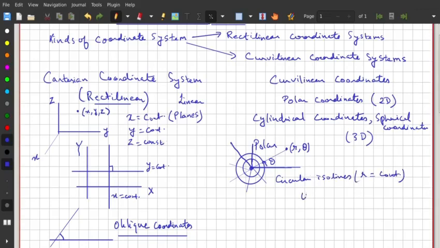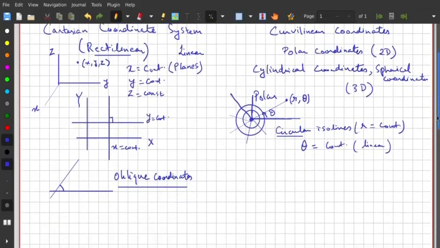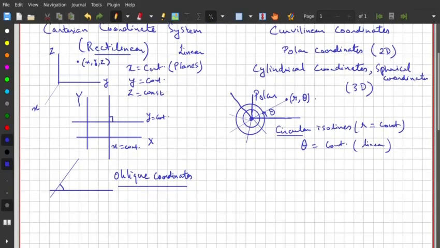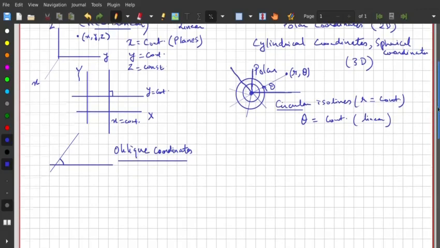On the other hand, the other isolines, theta equals constant, are still linear objects. But since one of the coordinates is non-linear, the polar coordinate belongs to the curvilinear coordinate systems. Okay, and the extension of the polar coordinate to higher dimension is the cylindrical coordinate, and we also have the spherical coordinates.